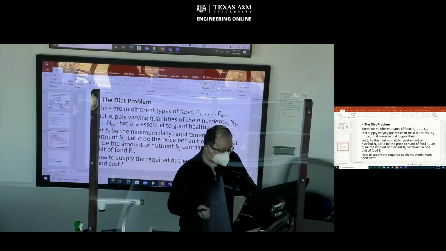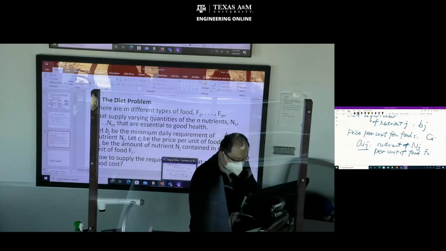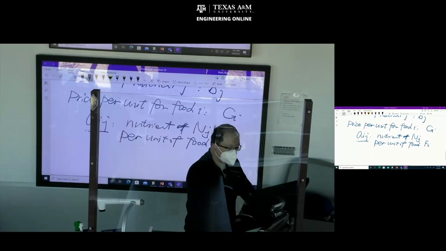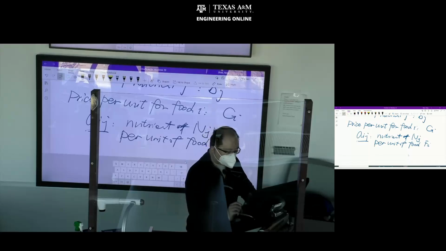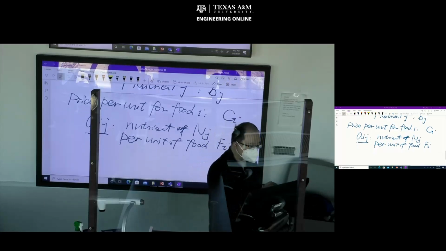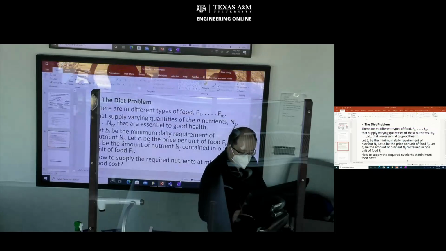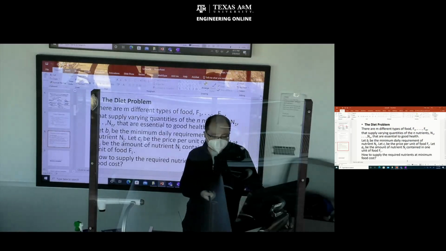So how to supply the required nutrients at minimum food cost? That's your goal. So what's the decision variable here? What's the question asking you? How to supply the required nutrients at minimum food cost?